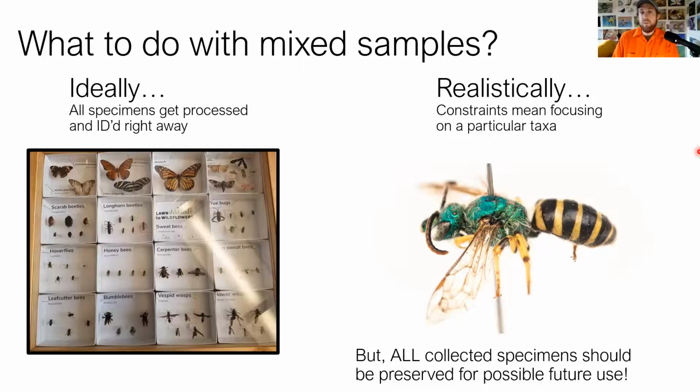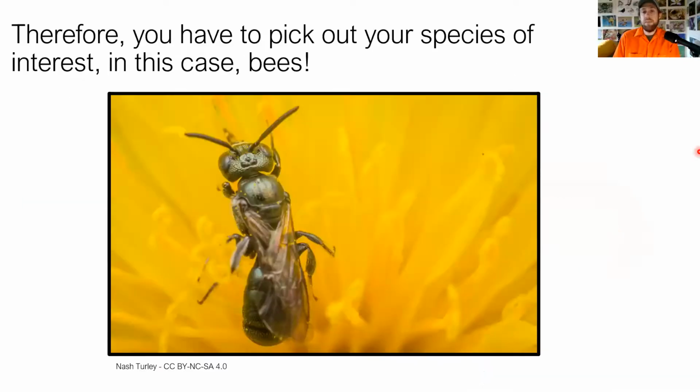And we focus on a particular group of animals, partially just for limited time, but also sometimes that's just what the research is interested in. So in reality, we have to focus on one. And in this case, we're running a monitoring program in Pennsylvania, so we're focused on bees.